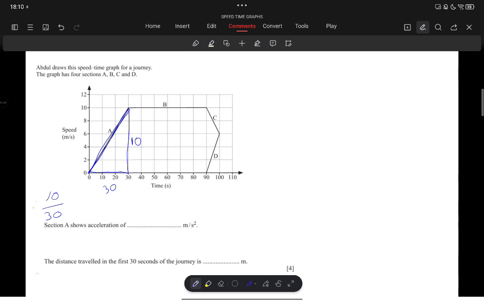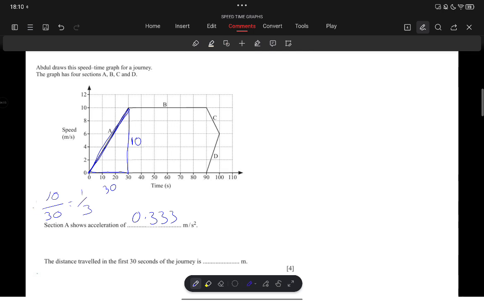Okay, 10 divided by 30, that gives us, of course, 1/3. So I'm going to write that down as 1/3. I'm going to leave that as an exact answer. But I think because we're dealing with meters per second, I'm just going to round that to 3 significant figures, so 0.333 meters per second squared. I've covered myself there, really, haven't I?